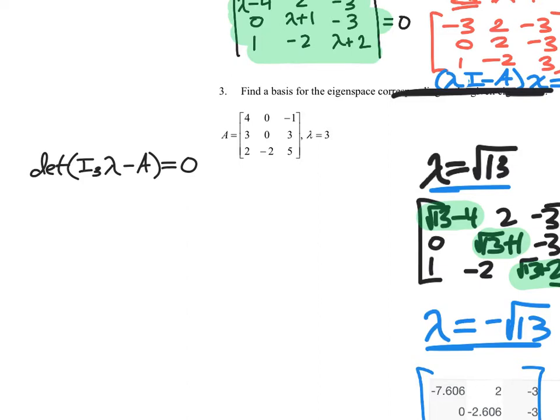So we're looking for, again, the characteristic equation. As a shortcut, what we were talking about last time was subtracting the diagonal entries from lambda and negating everything else.